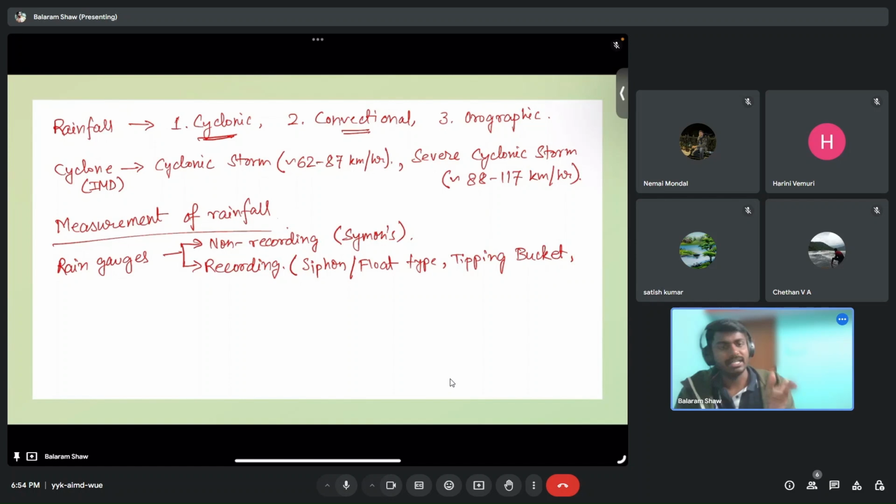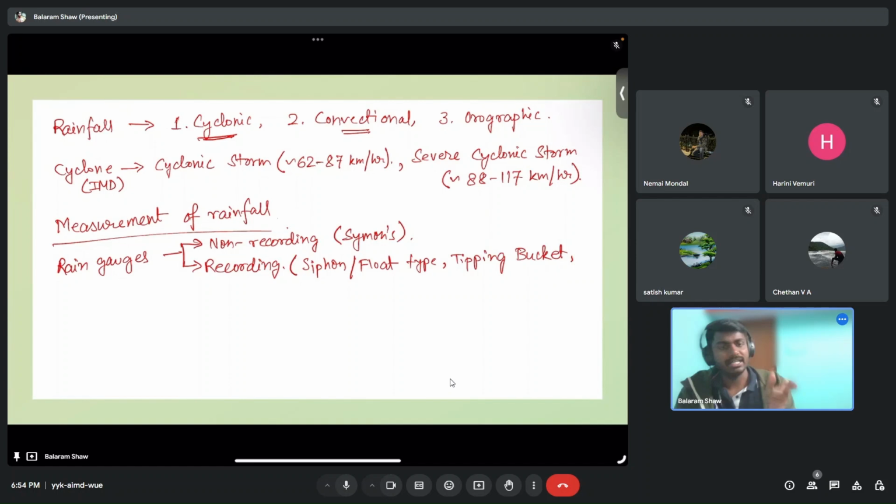And this CV is the coefficient of variation of rainfall in the existing rain gauge network, and this is in percentage. Coefficient of variation is written as sigma m minus 1 by P average into 100, because we need it in percentage.